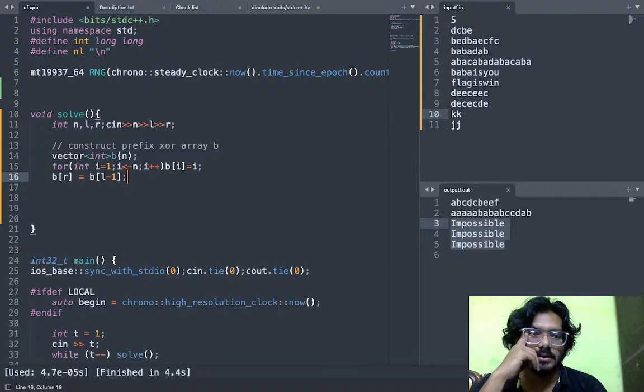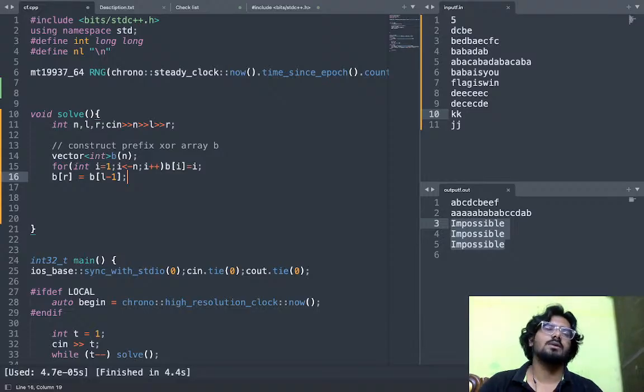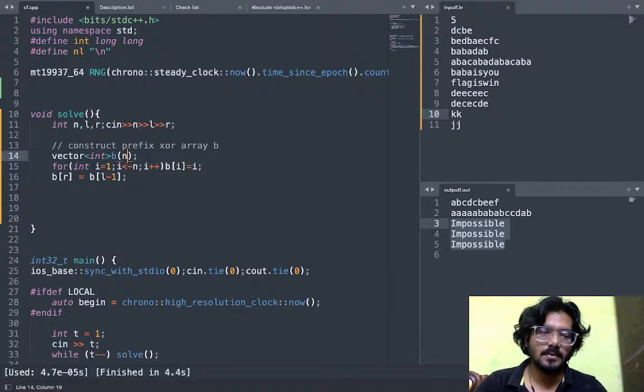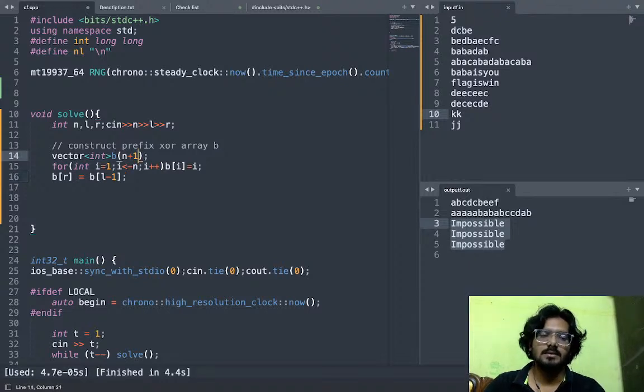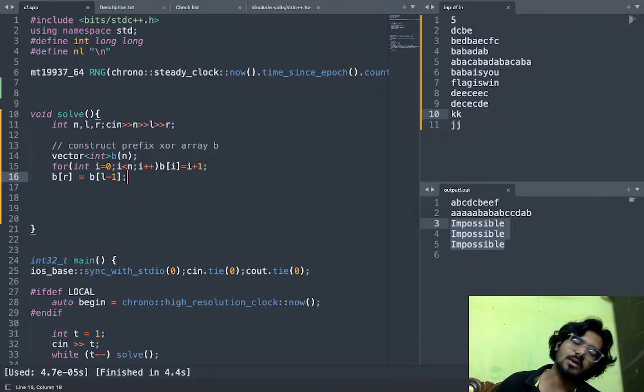Okay, so to hold n plus 1 elements starting from 1, so no, we want exactly n elements, and we are starting from 0 and less than n. We'll just keep i plus 1, at 0 we'll keep 1, and something like that.